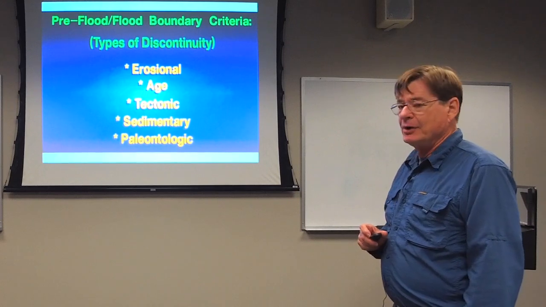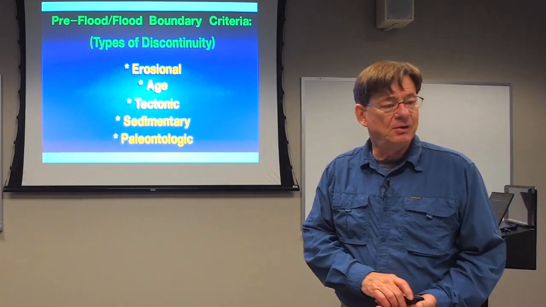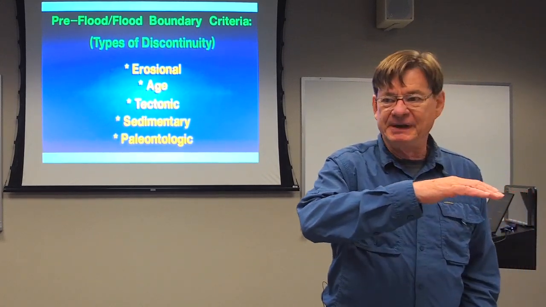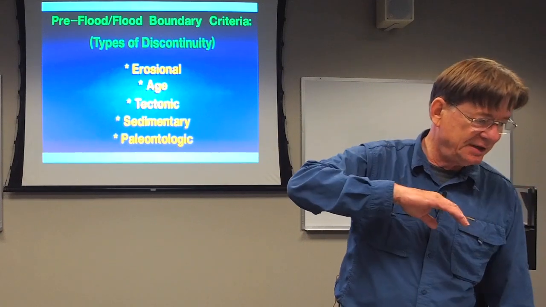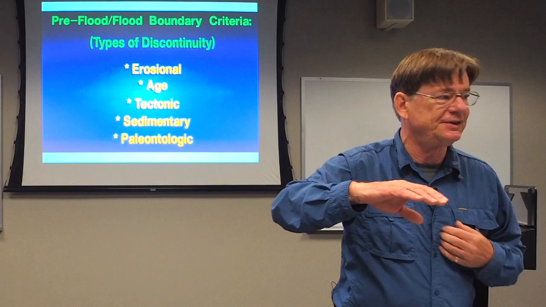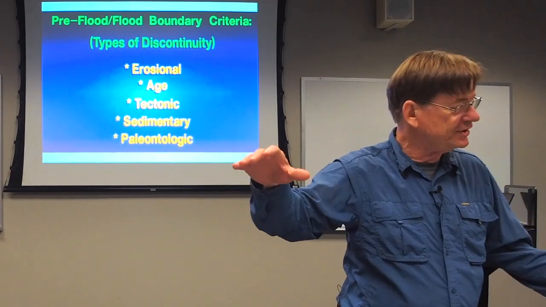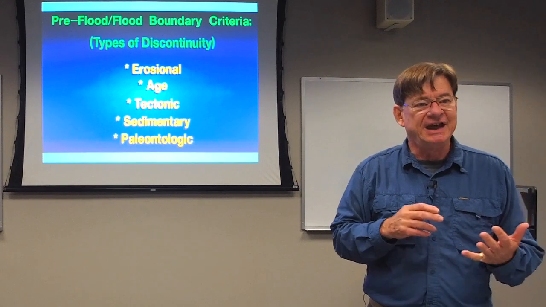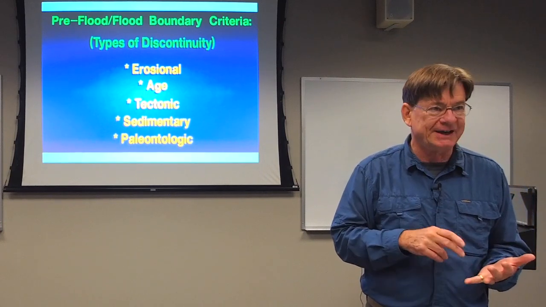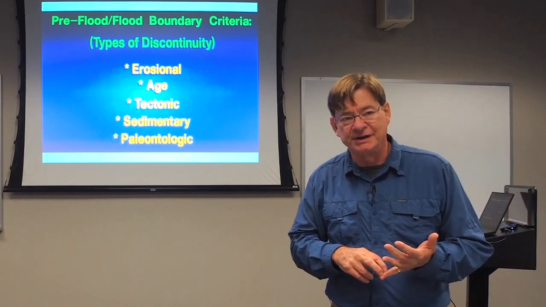What do I mean by an erosional discontinuity? We might expect the beginning of the flood to mark one of the major, if not the major, erosional events in the history of the planet. And erosion produces a feature called unconformity. You know what an unconformity is?